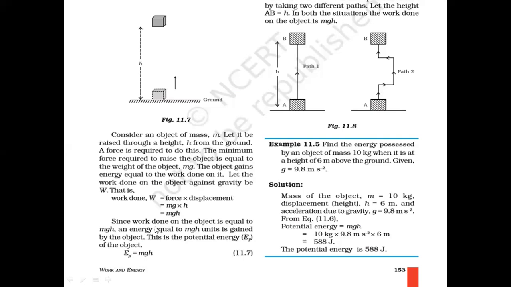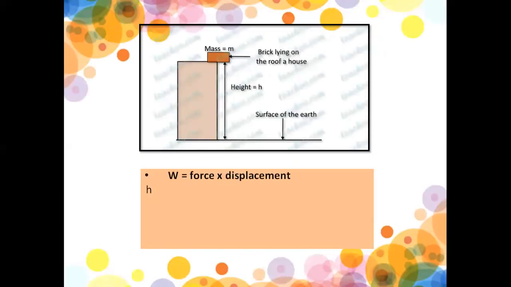So this is the expression of potential energy. I have just written the same thing over here, and you can take a screenshot of this so that you will remember the formula of potential energy.